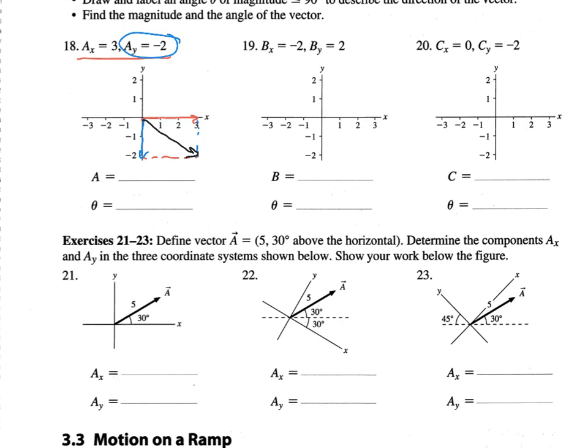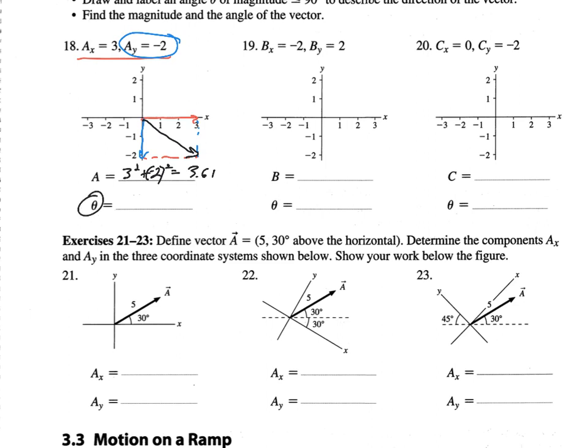And the vector is going to be 3 squared plus 2 squared equals 3.61. This would be negative 2, but once I square it, I should get 3.61, right? Square that, you get a positive number.